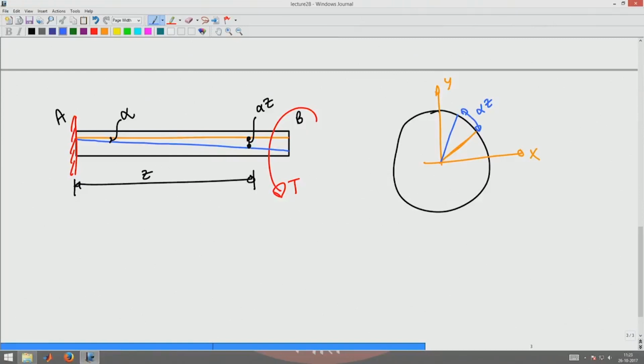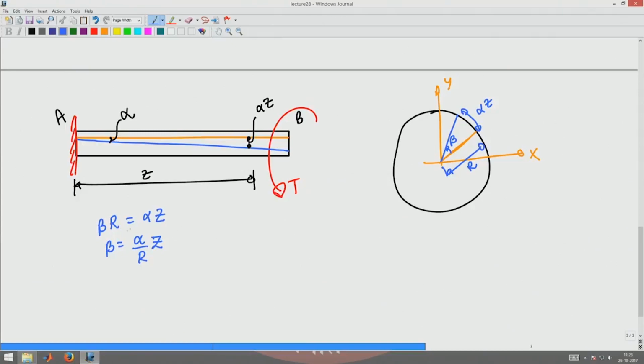If this angle were beta, and this radial distance were capital R, then beta times R should be equal to alpha times z. Now beta would be alpha by R into z.